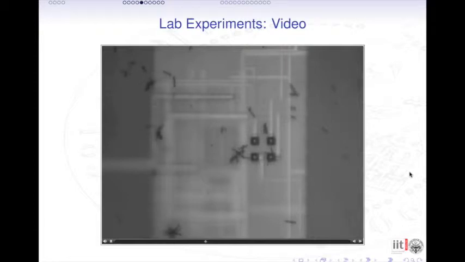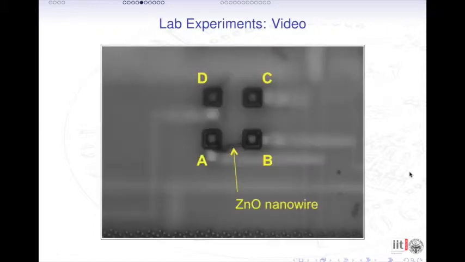You can see that a single nanowire is approaching the couple of electrodes where the dielectrophoresis signal is applied, but a large part of the nanomaterials are moving towards the right edge of the silicon chip.